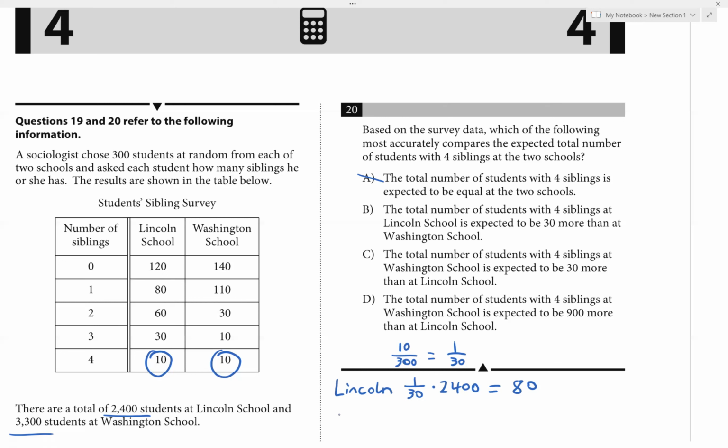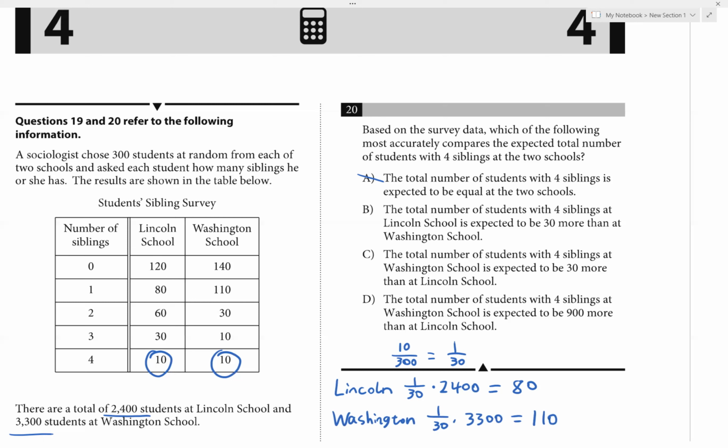And then for Washington School, it's the same probability times, but this time the whole population is 3,300, and we get 110. Although they have the same probability or proportion, the total number came out to be different because we have more students at Washington School.